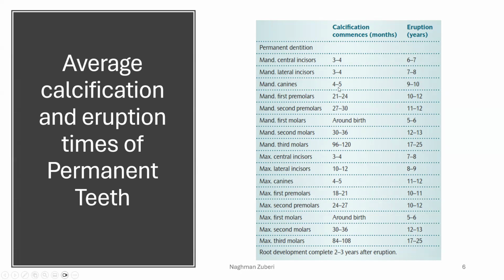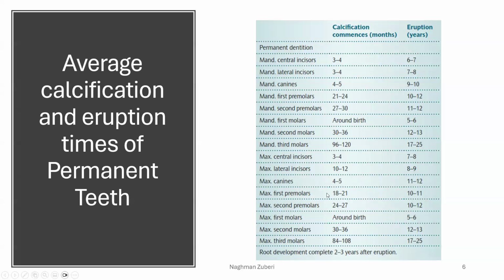Mandibular canines 4 to 5 months, and eruption is 9 to 10 years. Mandibular first premolars 21 to 24 months for the calcification, and eruption is 10 to 12 years. Mandibular second premolars 27 to 30 months, and eruption is 11 to 12 years.